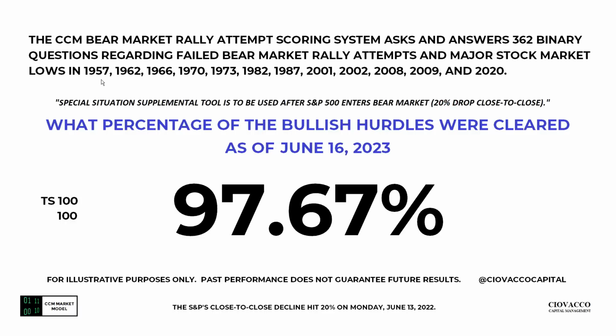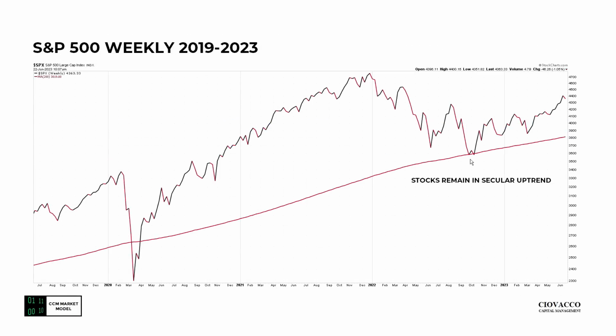The tool was designed to differentiate between failed bear market rallies in 1957, 62, 66, 70, all the way out to 2020, and successful rallies when a more permanent low was in place. So the fact that we're checking roughly 98% of those boxes is a very good sign relative to odds related to October being the low.